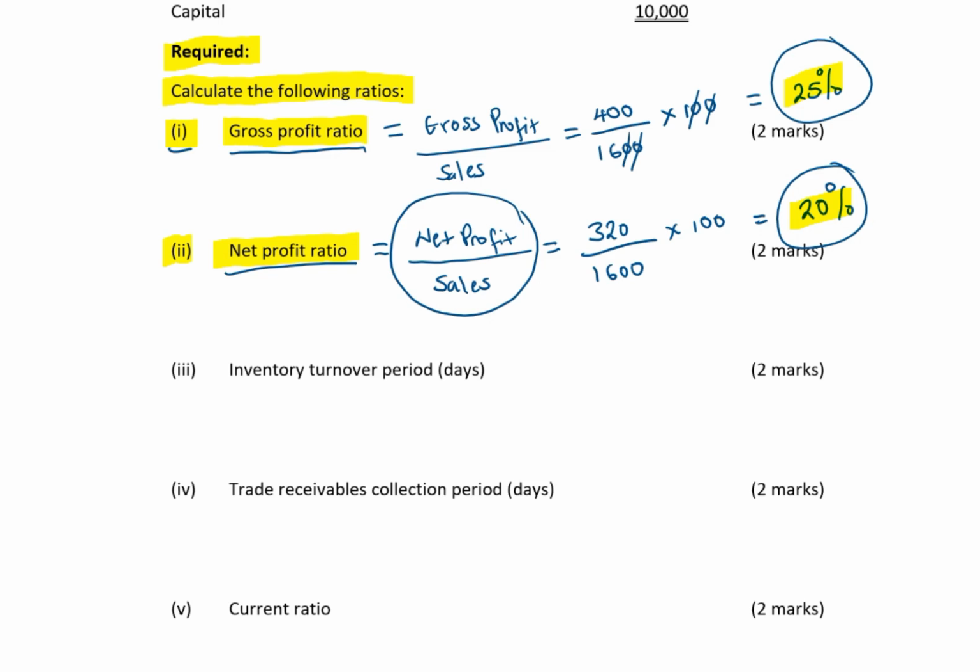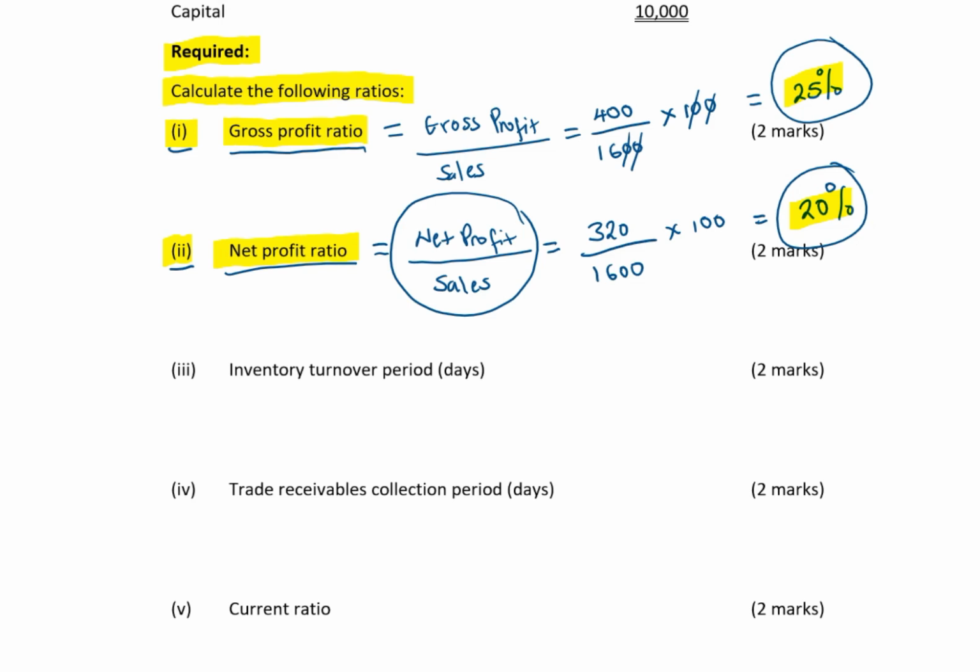Go ahead, get your gross profit, divide it by your sales, and multiply it by 100. If, as it is for number 2, it is net profit ratio, go to your income statement, get your net profit, divide it by sales, and multiply it by 100, and you will get the percentage. Obviously, the higher the percentage, the better.